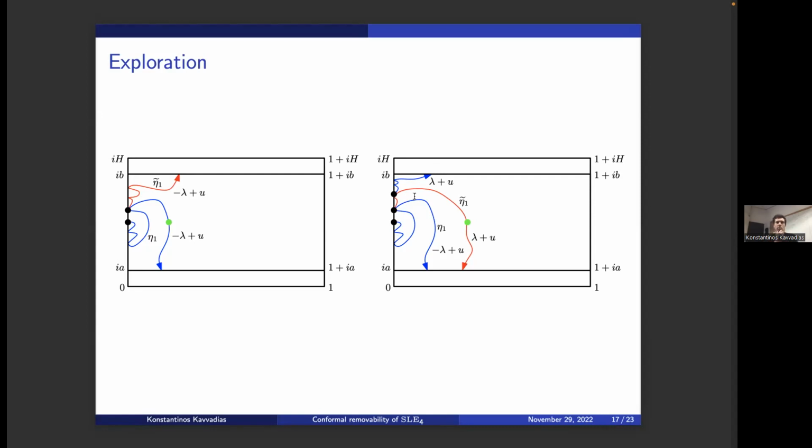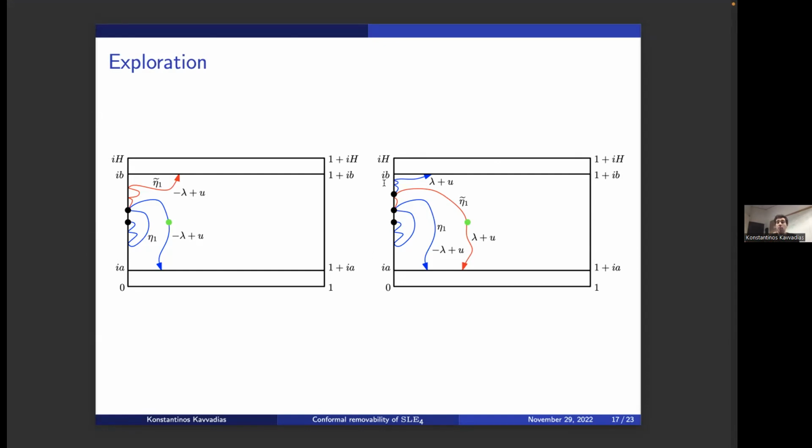In other words, the level line of height u of h. Again, we stop it at the first time that it hits either the upper or the lower boundary of the rectangle. For the same reason, it doesn't hit the right side, and it also doesn't hit the left side of the red level line, again due to the interaction rules.